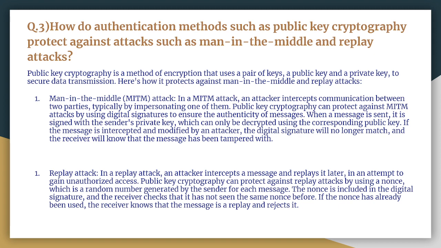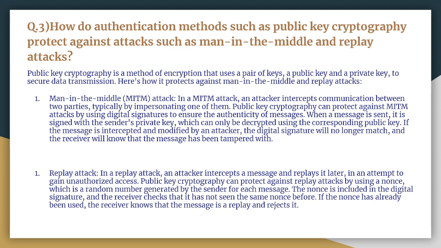When a message is sent, it is signed with the sender's private key, which can only be verified using the corresponding public key. If the message is intercepted and modified by an attacker, the digital signature will no longer match and the receiver will know the message has been tampered with.